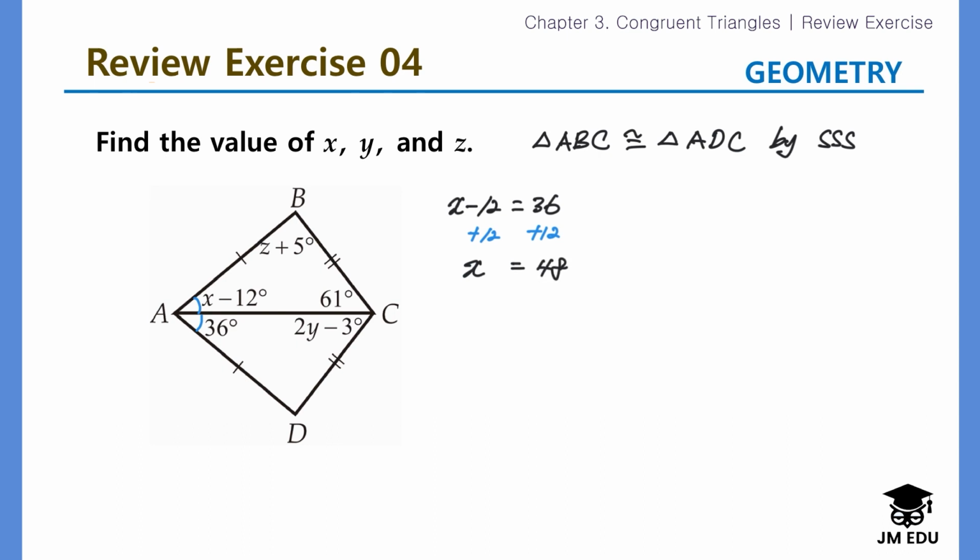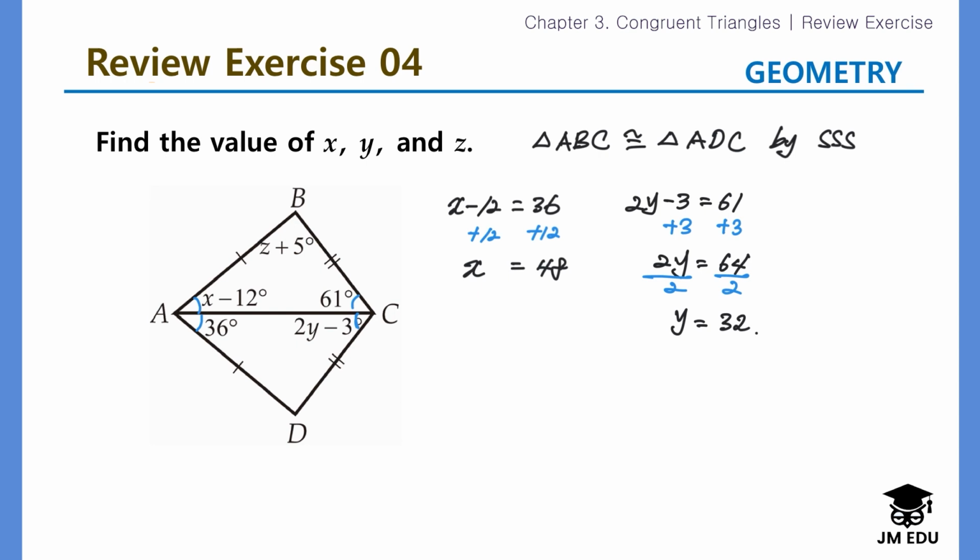Also, these two corresponding angles right here, they're congruent, right? So 2y minus 3 is equal to 61. Add 3, that gives us 2y is equal to 64. Divided by 2 gives us y is equal to 32.